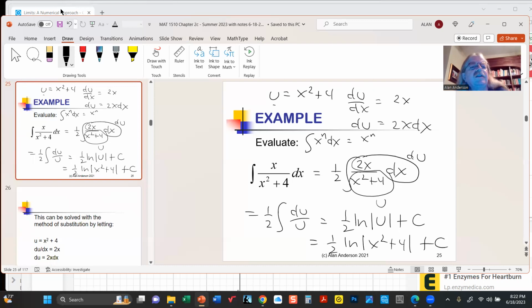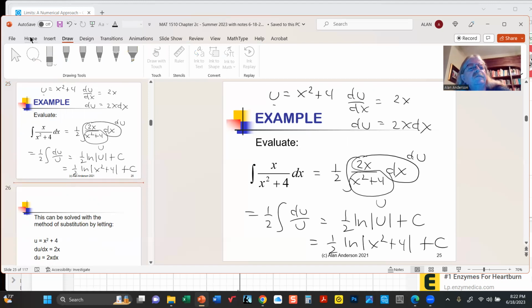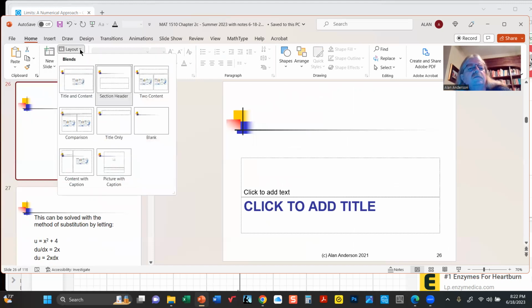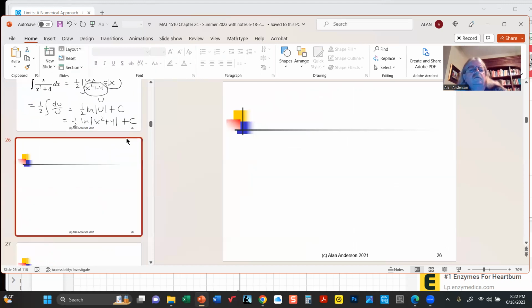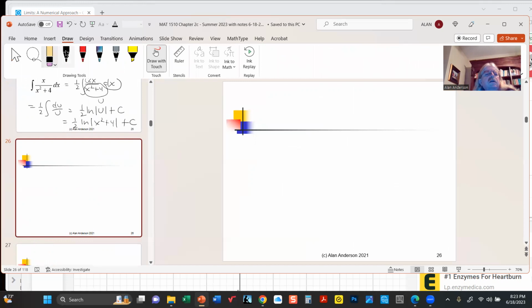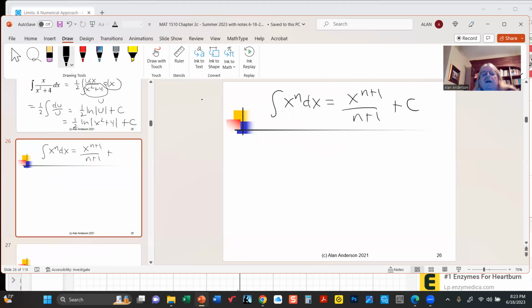Actually, let me do this in the next slide. So I don't want the slides to get too cluttered here. Just to quickly remind you, that the integral of x to the n dx is x to the n plus 1 over n plus 1 plus c, as long as n is not equal to negative 1.